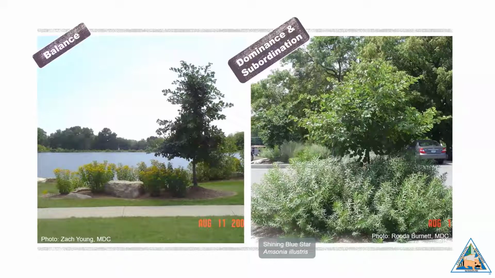Here we have a redbud tree that's growing in a bed with a ground cover of shining blue star. The blue star is so big in comparison with that redbud tree that it's almost like it is fighting for dominance, even though it is the ground cover. So to truly achieve these two elements, you either need a much larger tree or you need a much shorter ground cover.